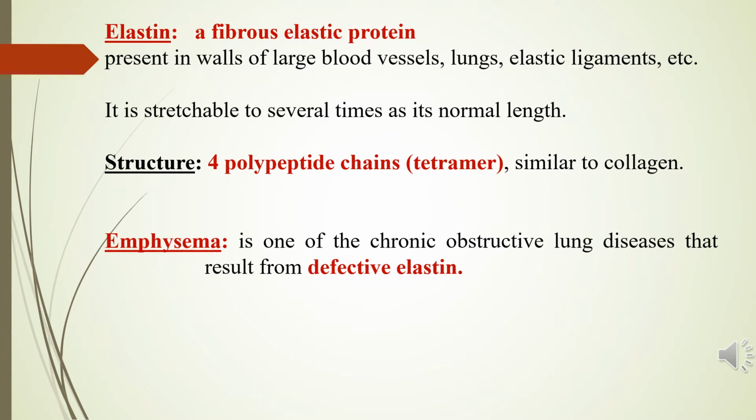Defects in the structure of elastin are associated with defective function, like what occurs in emphysema, which is an example of chronic obstructive lung diseases and results from defective elastin.